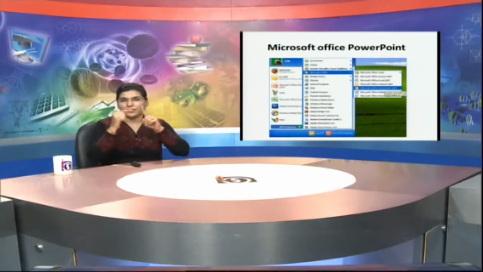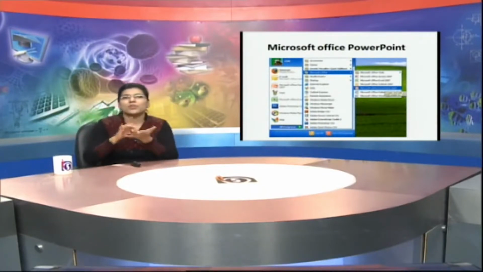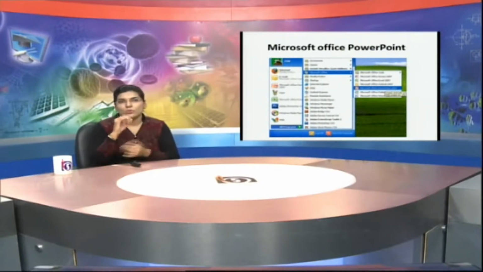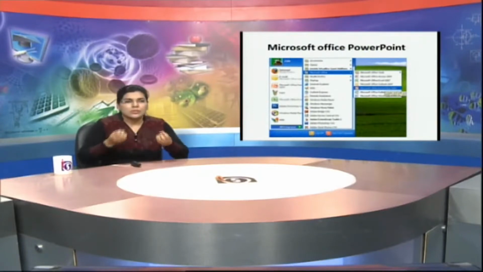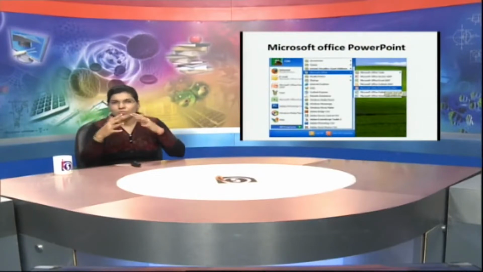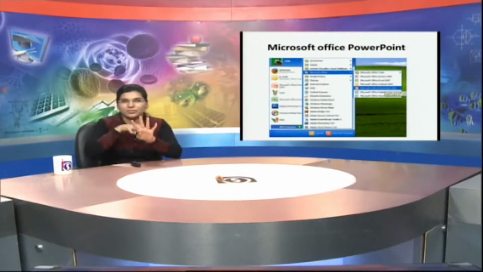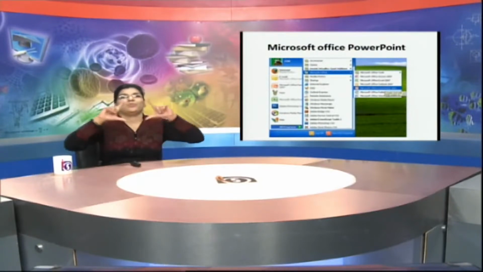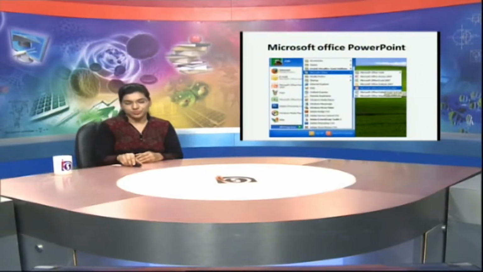As you see in the slide, Microsoft Office PowerPoint. Where is it? How to open it? First, go to Start, go to All Programs, go to Microsoft Office, and there you would find Microsoft PowerPoint and different Office programs.